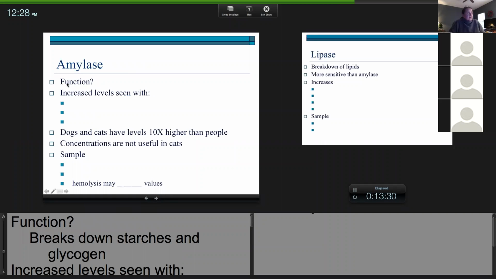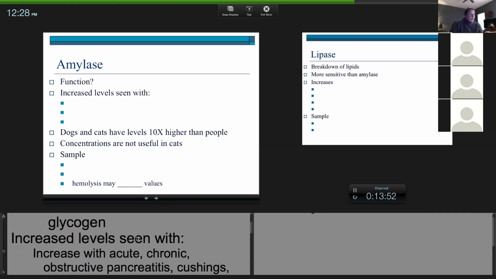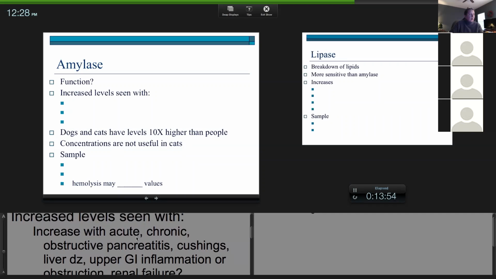So amylase breaks down your starch and glycogen. Wow, it's really big under here. So hopefully you're seeing some of this as you're taking notes, but it breaks down your starches and glycogen. So when we eat a meal and we get the starches, glycogen is also released. So increased levels can be seen with all of these reasons.